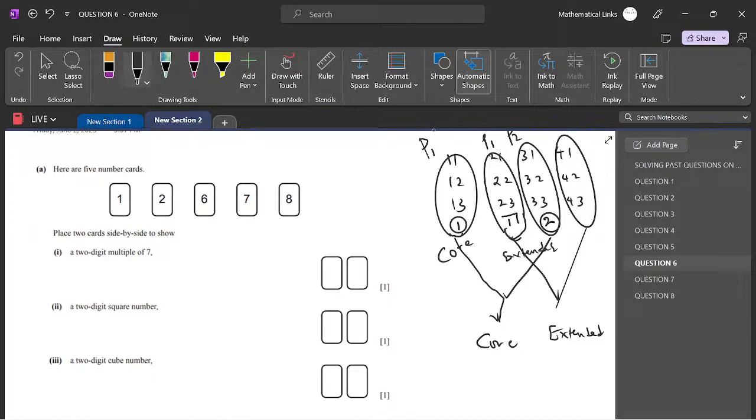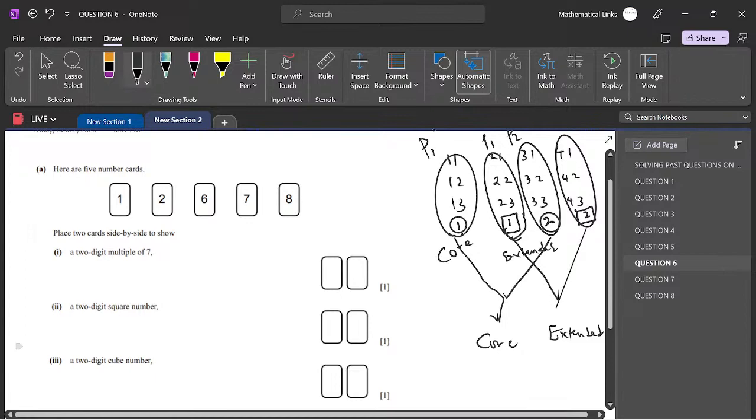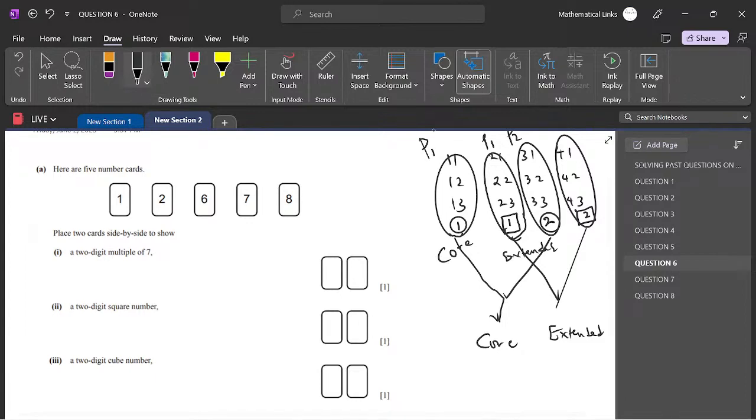While this, let me use a rectangle, will be papers 1 and 2 for extended students. So questions like this are seen in paper 1, be it core or extended students. You see questions like this, okay? It's just from simple to complex, okay?